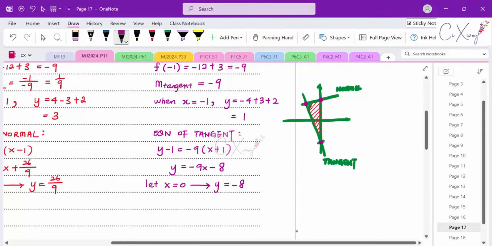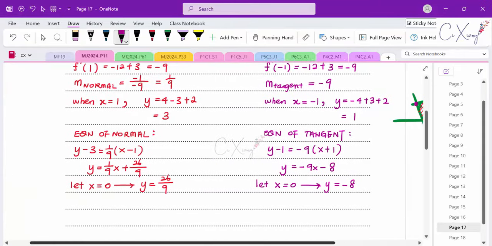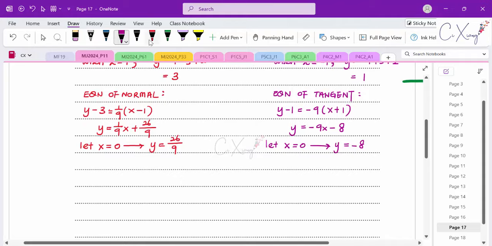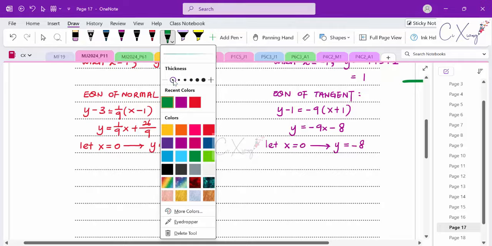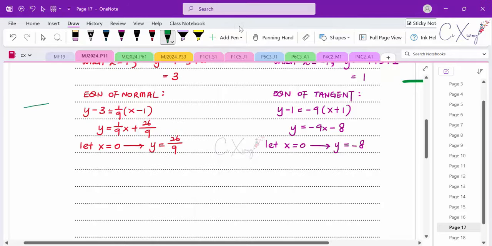So for the particular triangle that I have, I already know two lengths here. Let's say this is the triangle that I have. This is 90 degrees. This particular point is the y-intercept for the normal graph, so the coordinate is 0 and 26 over 9.